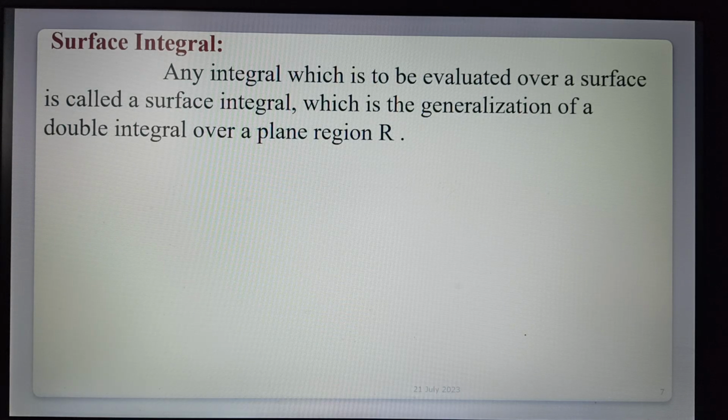Therefore the double integration over the region R is called the surface integral over the surface.